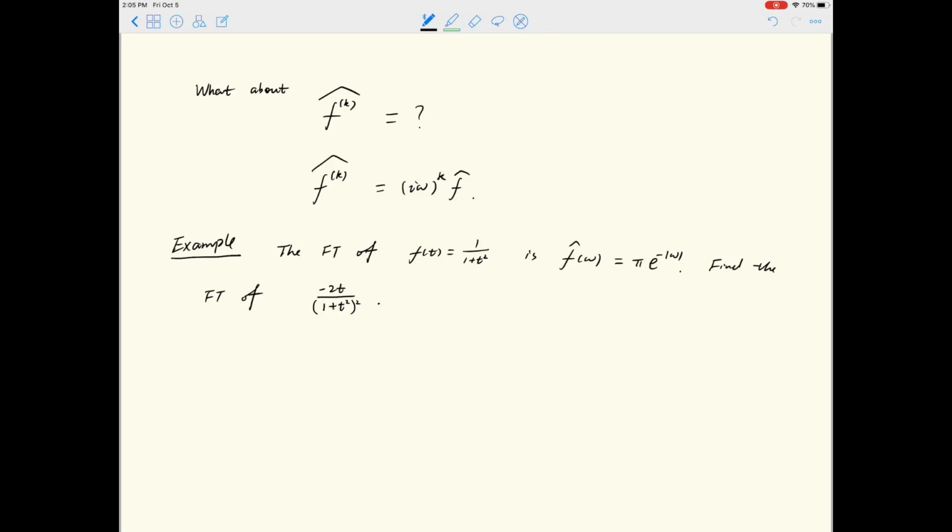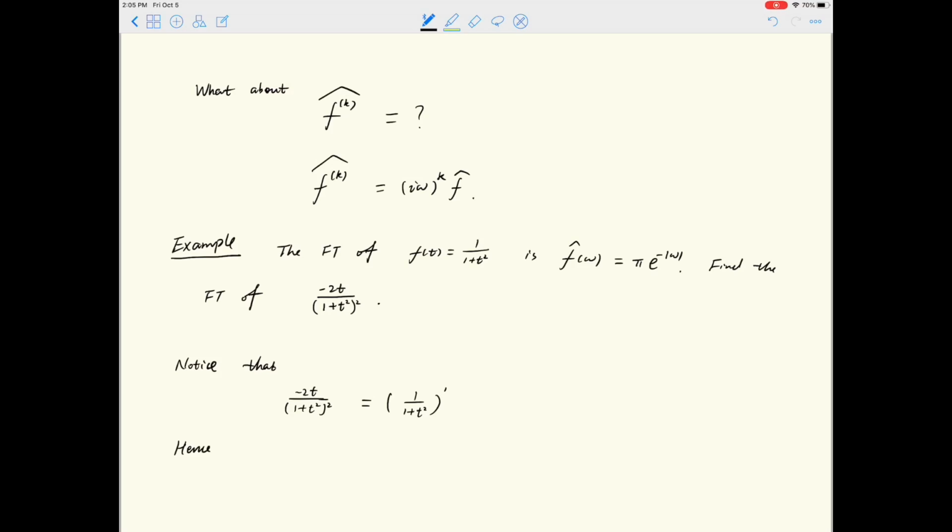Well, how to do it? If you have done differentiation of rational functions, you should have noticed that this given function is actually the derivative of the other function. It's the derivative of 1 over 1 plus t squared.